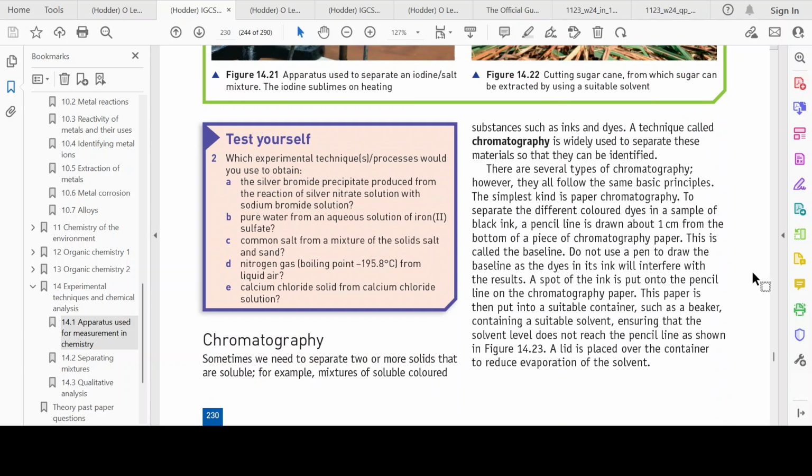Right. So another method for separating mixtures is chromatography. Sometimes we need to separate two or more solids that are soluble, right? So in this case, it's soluble solids in a solvent. For example, mixtures of soluble colored substances such as inks and dyes. A technique called chromatography is widely used to separate these materials so that they can be identified.